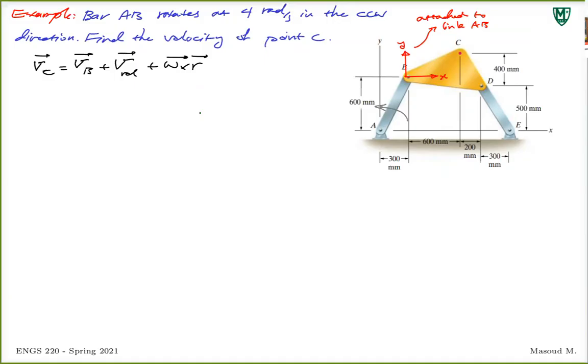You don't see the local frame rotating about its origin. It's attached to this link, so when this link moves, it moves like this. So the omega of this link is not the omega that we care about in this omega cross R. That omega is the omega of the frame rotating about its origin. But this frame is not rotating about its origin. This frame is attached to link B, so it goes like this. So this is 0. Be very careful about this omega.